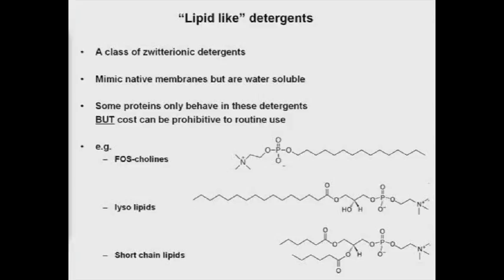You start to introduce fos-cholines, which are lipid mimics in that they have a lipid head group but a single hydrophobic tail, and therefore they form micellar detergent-like structures but retain a lot of properties of lipid membranes, which are important for stabilising protein structures. These fos-cholines tend to be really good for stabilising some proteins which previously people haven't had a lot of success with. The problem here is that they tend to be relatively expensive, and so working with them routinely can be a little bit cost prohibitive.